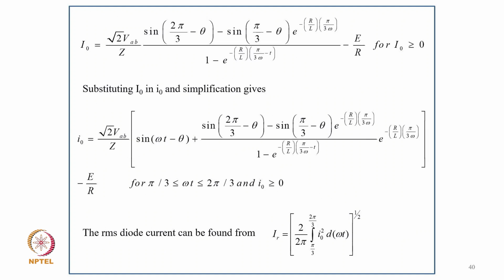Applying this condition, capital I0 becomes root 2 VAB upon Z into (sin(2 pi by 3 minus theta) minus sin(pi by 3 minus theta) e to the power minus (R/L)(pi by 3 omega)) divided by (1 minus e to the power minus (R/L)(pi by 3 omega)), minus E upon R, for I0 greater than 0.